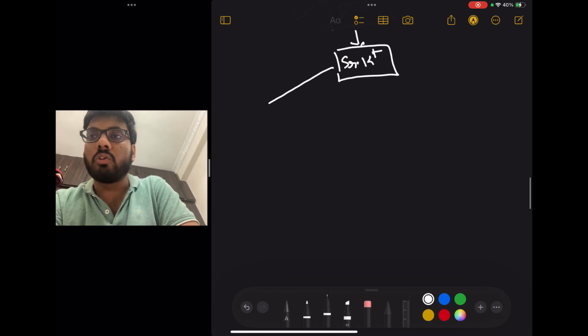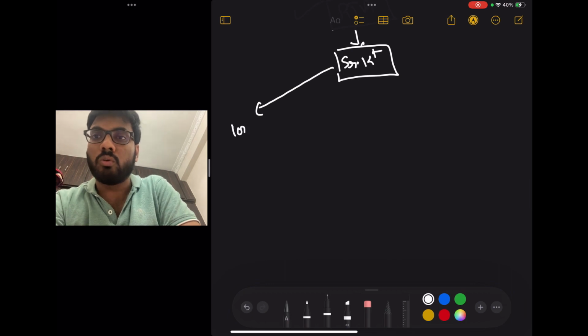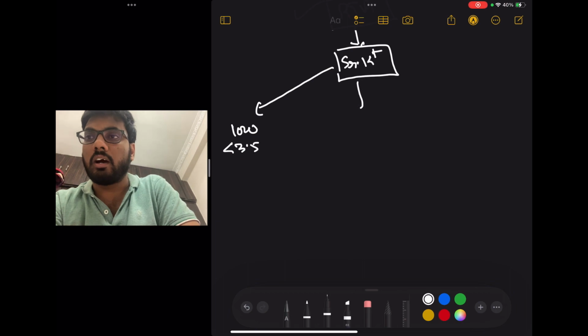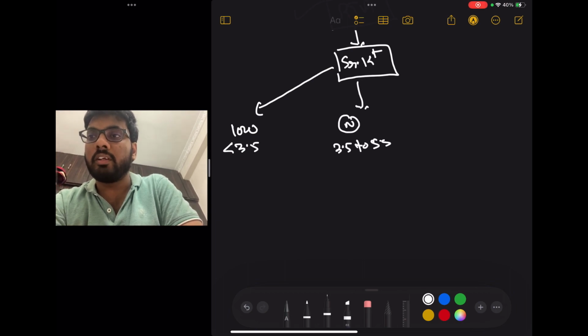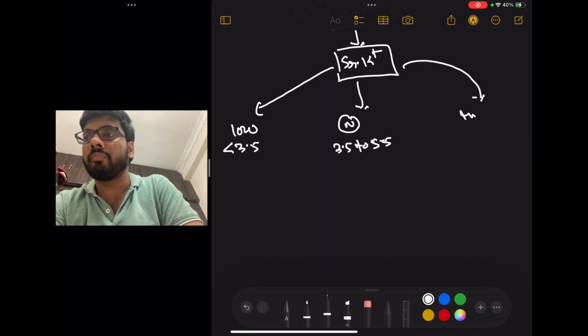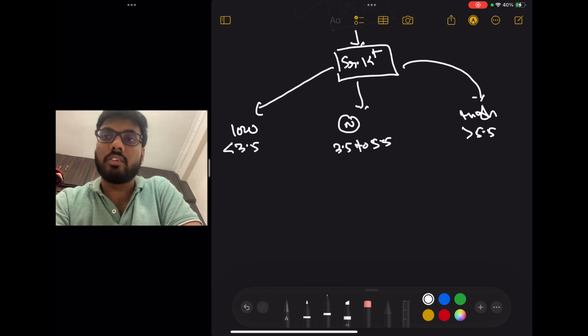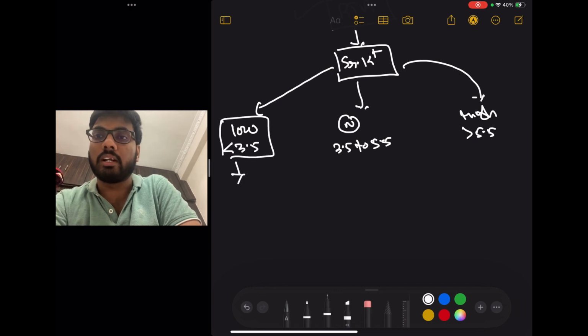The serum potassium could be low, that is less than 3.5 milliequivalents per liter, or it could be normal, between 3.5 to 5.5, or it could be high, that is more than 5.5. If it is low, less than 3.5, we call it hypokalemic RTA.